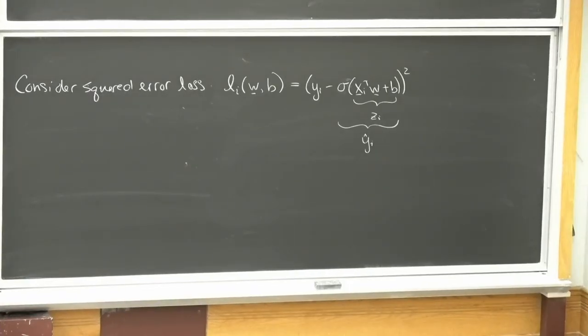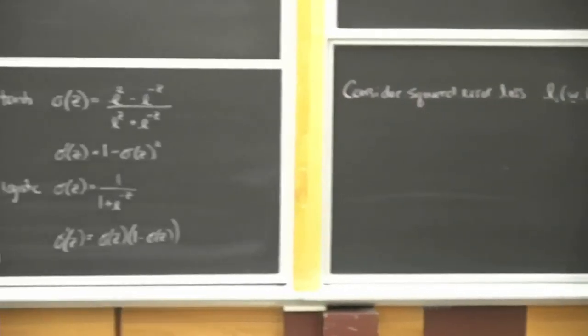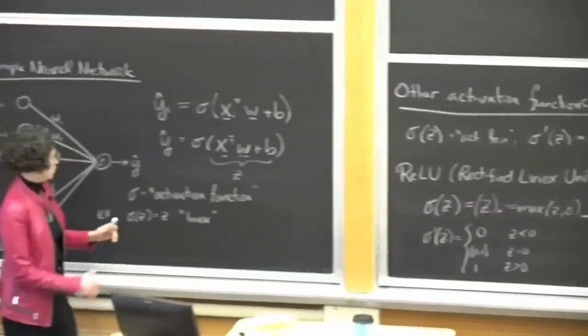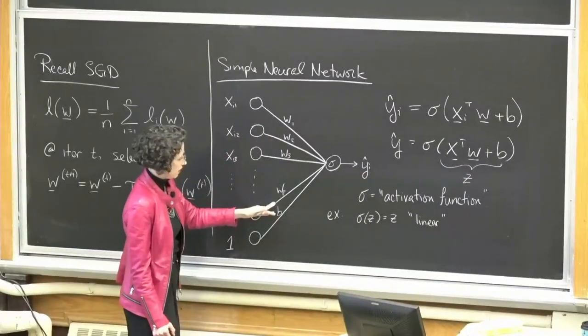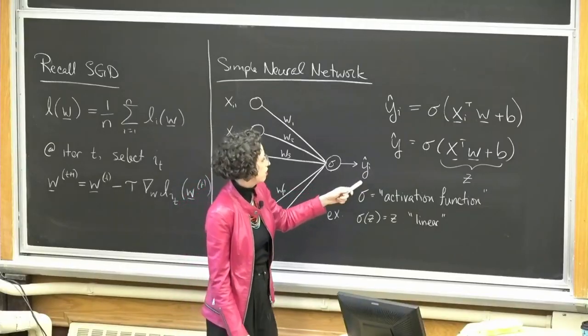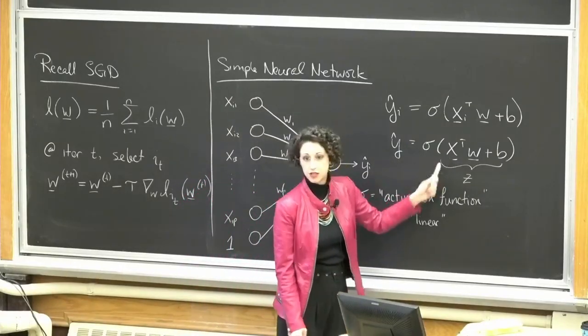What's coming out is y_i hat, which is just z_i fed into this activation function sigma. So z_i is going in, and it's a linear function of our weights and the inputs, and y_i hat is coming out, and in general, that's a nonlinear function of all these inputs. Yeah?